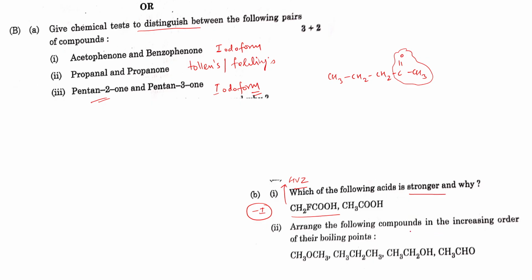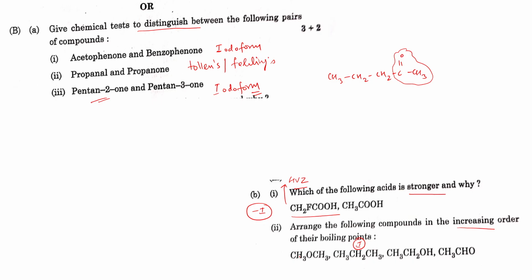Arrange the following compounds in order of their boiling point. So for boiling point, first we have to arrange them in increasing order. That means first we write the one which has the least. I think this one is the least, so we write it first because it is a normal alkane.